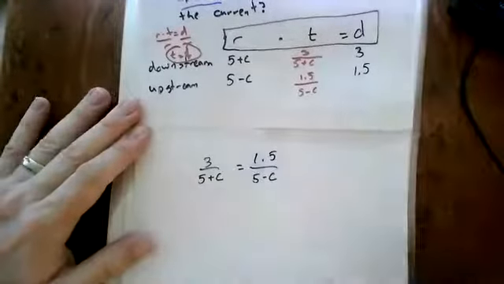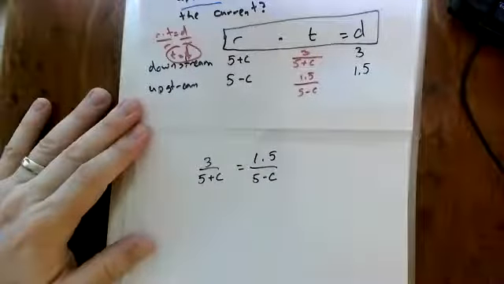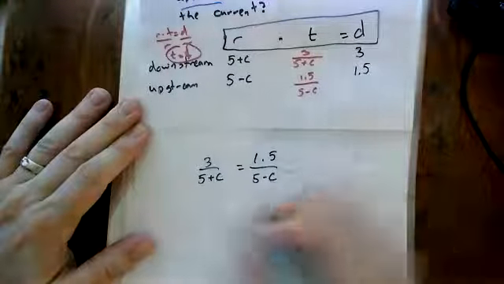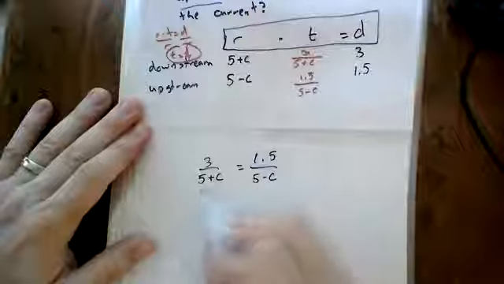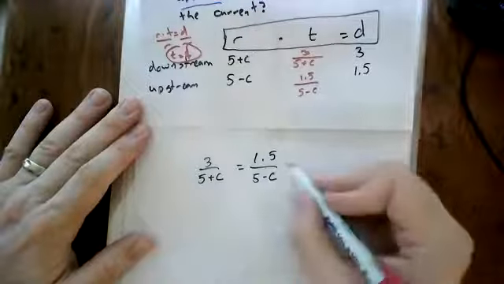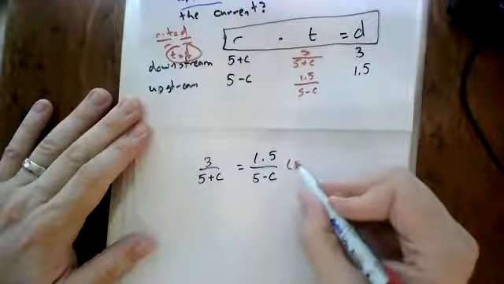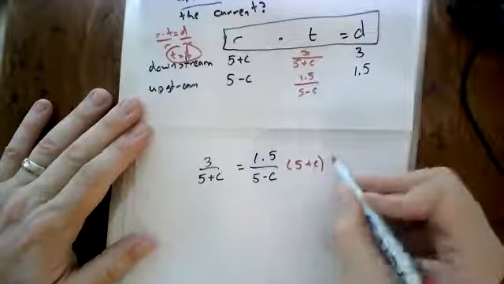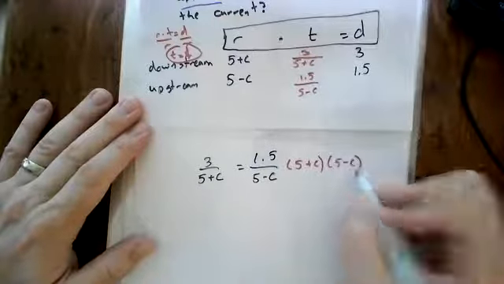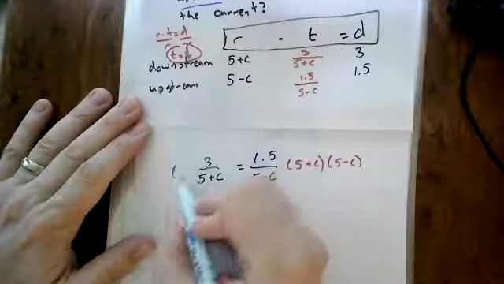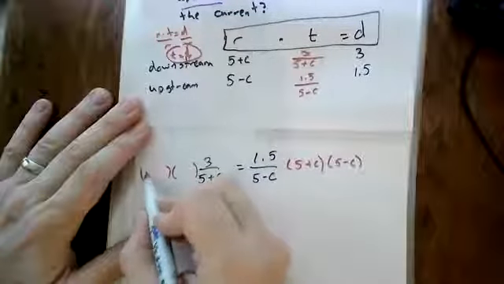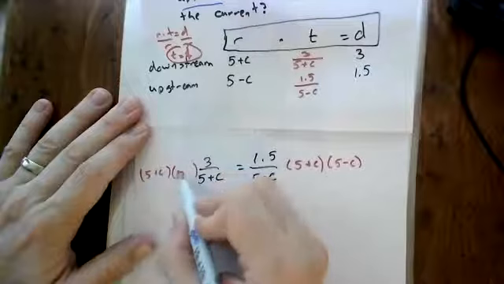Whenever I solve an equation like this, I'm always going to multiply through by my common denominator. It looks like my common denominator is going to have all of the factors in my denominator, so a factor of 5 plus c and a factor of 5 minus c.